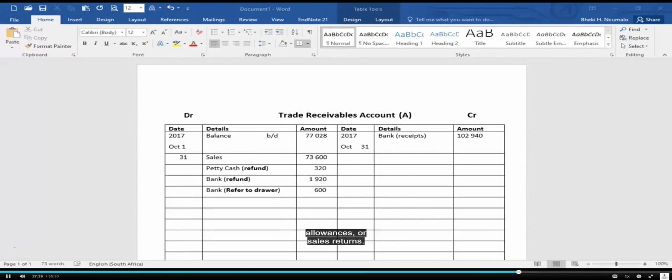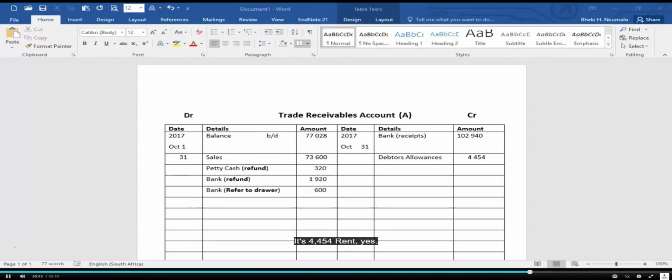You can credit your debtors, so it will appear on the credit side. Let me write here my debtors allowances. Let me confirm that it's 4,452 rand. Yes, 4,452. This is how we record your debtors allowances.